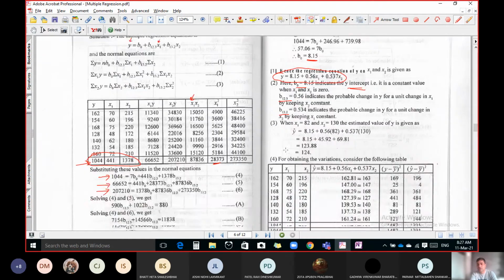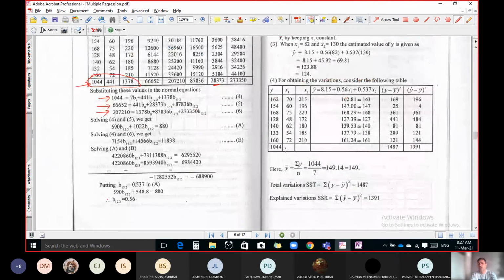There is one simple formula for total variation, which is denoted by SST, sum of squares total. It is one of the terminologies of analysis of variance, ANOVA. You know what ANOVA is, analysis of variance. In that you require this SST. It is known as the total sum of squares, or here the total variation.